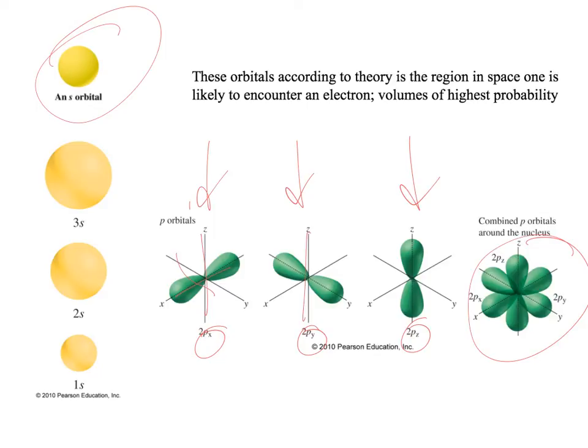What these things look like? They look like balloons. What in the world are these orbitals or orbits? Well, as it says right here, the theory is it's simply a region of space where one is likely to encounter an electron. So it's the highest probability.